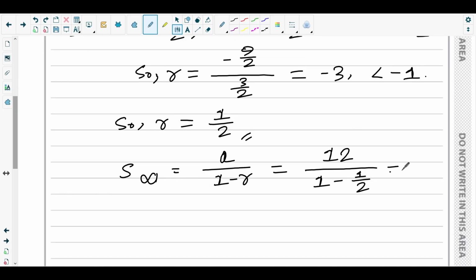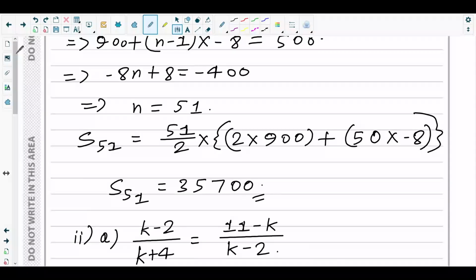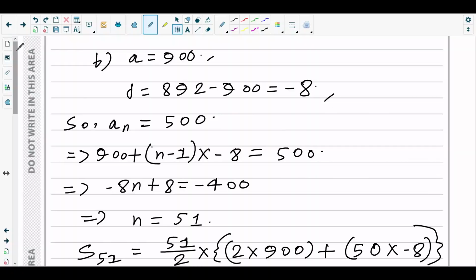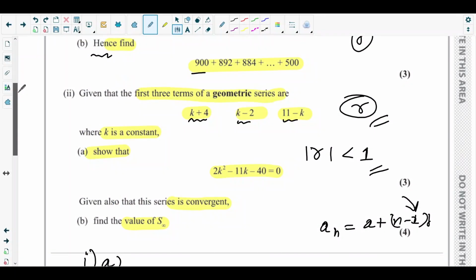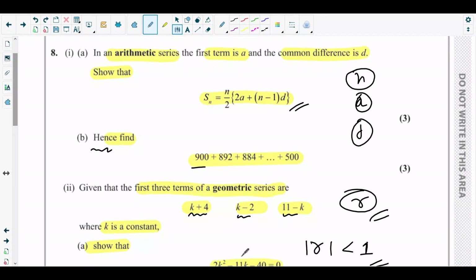So 12 over half is 24. So the sum up to infinity is 24, and that's what part 2b has asked to find. That's the end of question number 8.